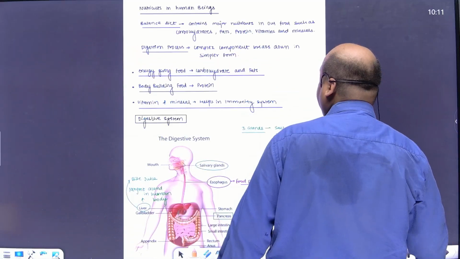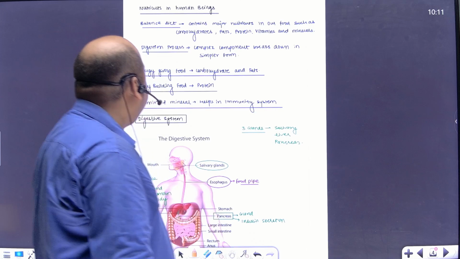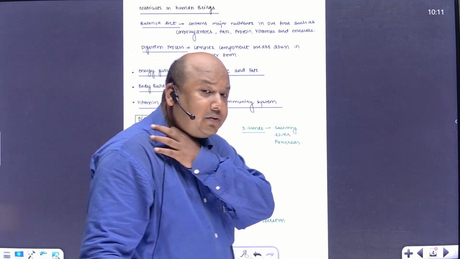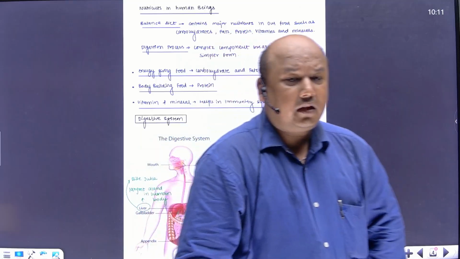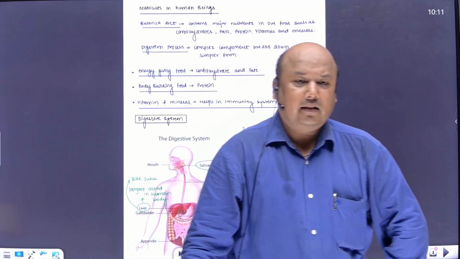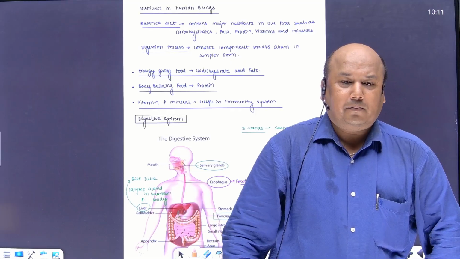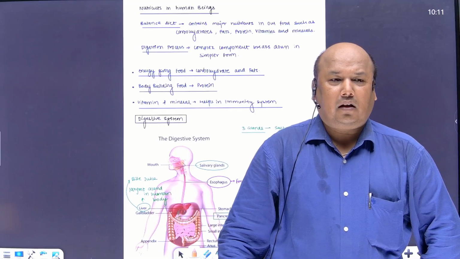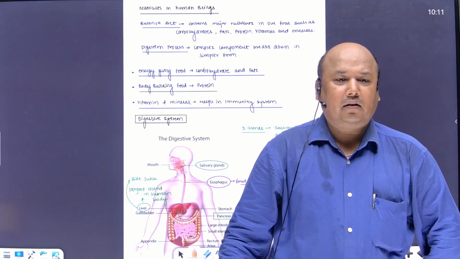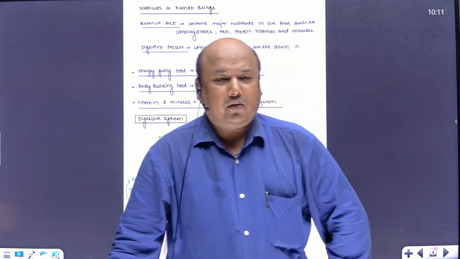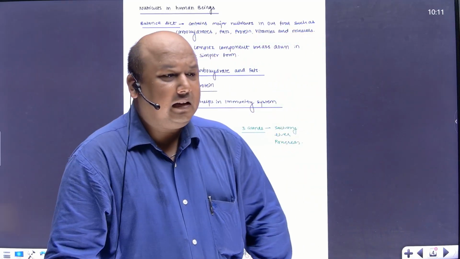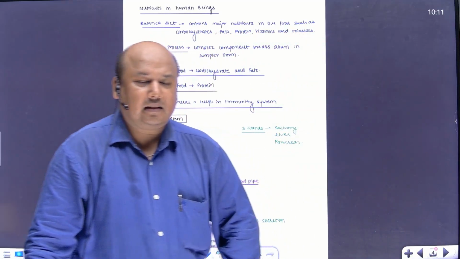Let's come to the next slide. Nutrients in the human body. What is a balanced diet? This is a hot question nowadays. After Corona and in this fast-paced lifestyle, a balanced diet is very much important. Humans are having problems of breathing, the air quality is not good, good drinking water is not there, and what we eat has pesticides and everything.